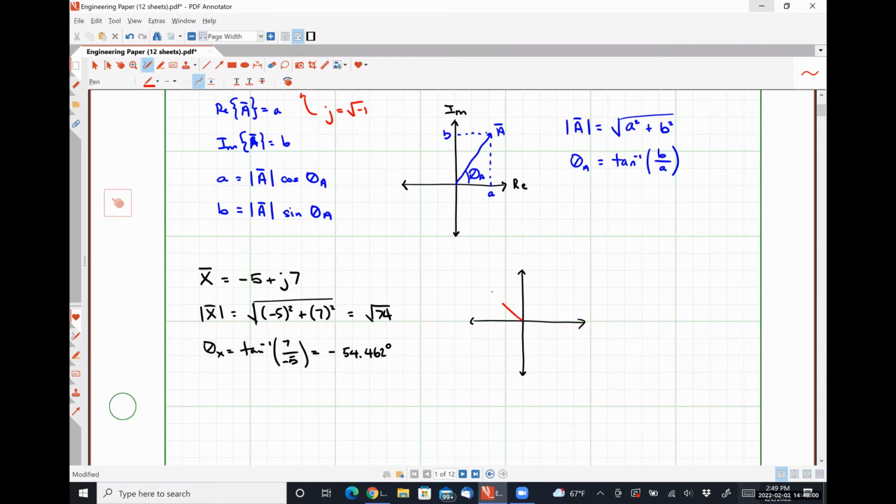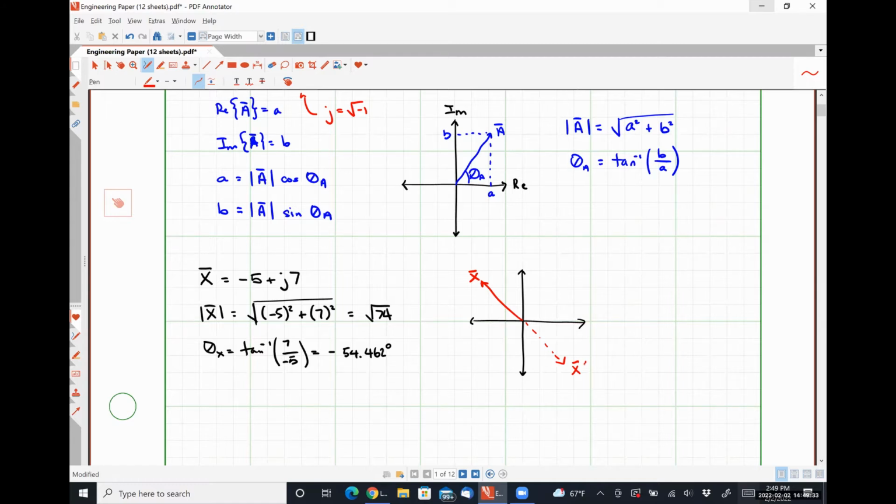That means that x should lie somewhere over here in quadrant 2. But according to our results, we get x, and I'm just going to put a prime here, meaning that it's not actually x, in quadrant 4.